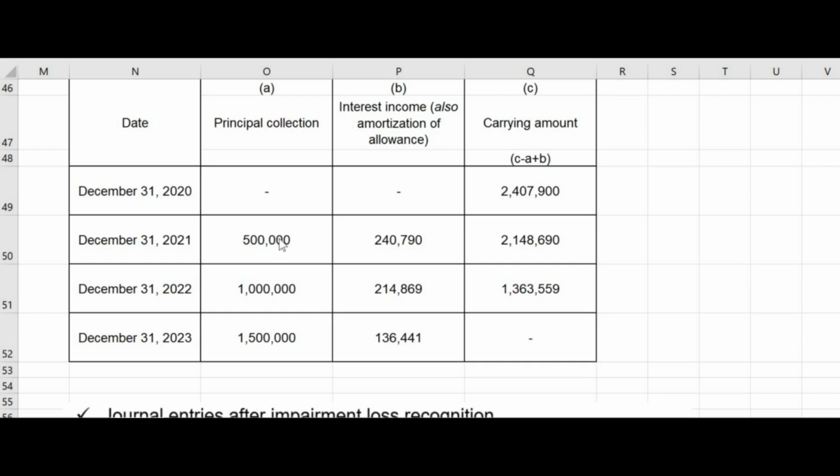So what will happen in our amortization schedule is that etong 2,407,900 na to, i-reduce siya by the principal collection. Tapos, madadagdagan siya with this amortization of the allowance, no? Of which we considered as interest income for this particular period.